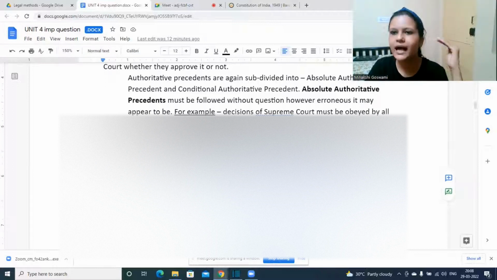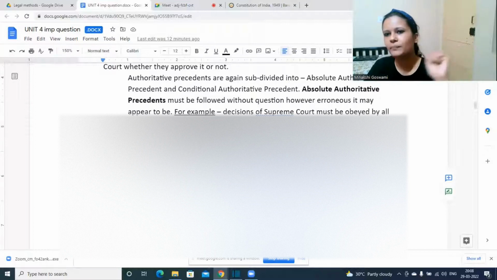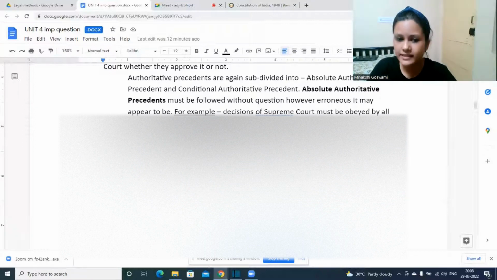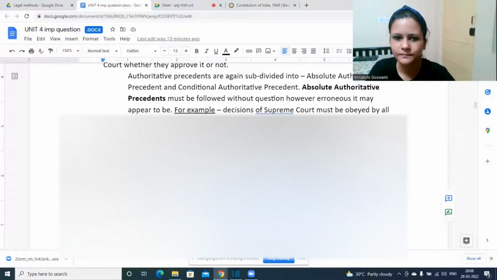For example, a High Court of Karnataka decision will have persuasive effect on all other high courts. If you feel okay, you follow it. If not, you give your own decision, no problem there. The decision of one high court will be persuasive precedent for all the other high courts because they are at the same level.